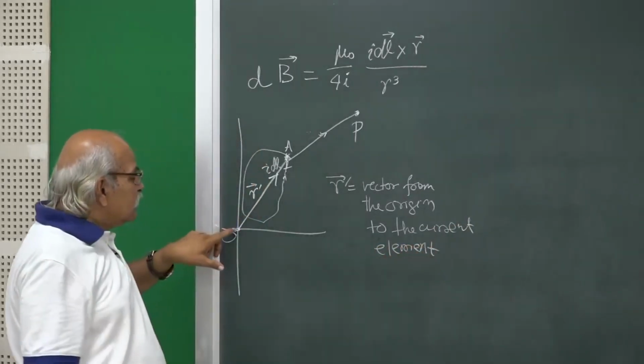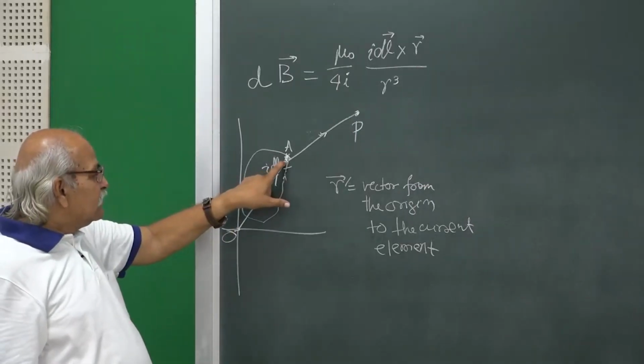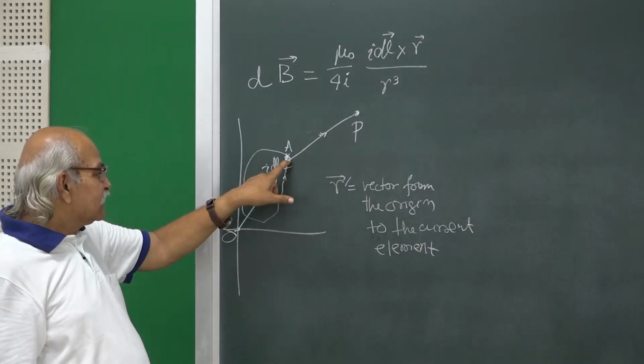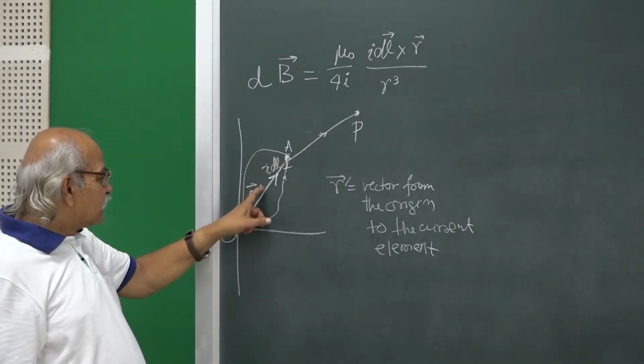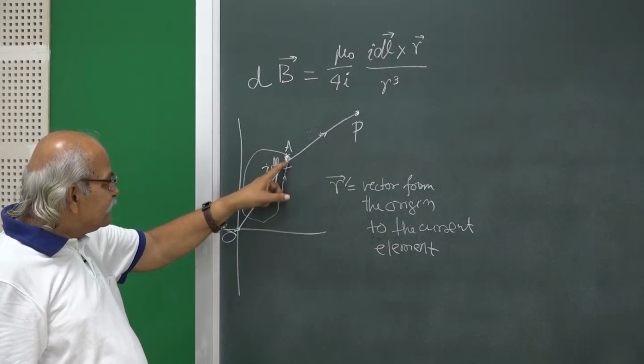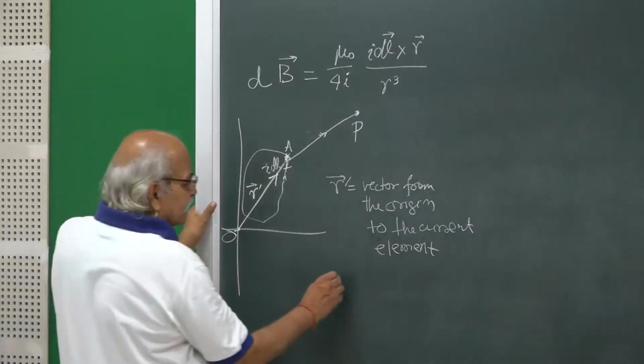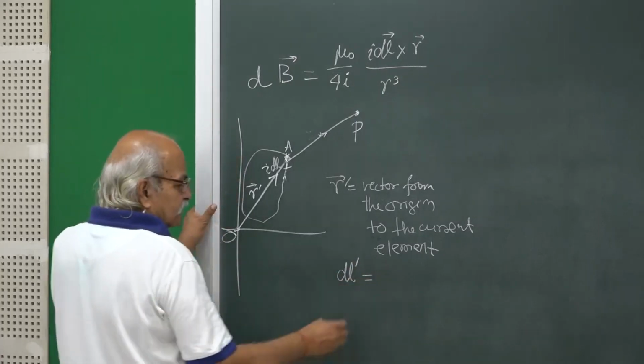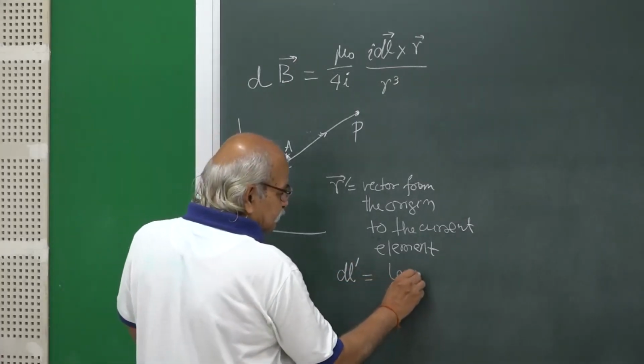So, here is the origin and here is the current element. From the origin to the current element, that we write as r prime, and then this dl also we write as dl prime. This dl prime is our length element.